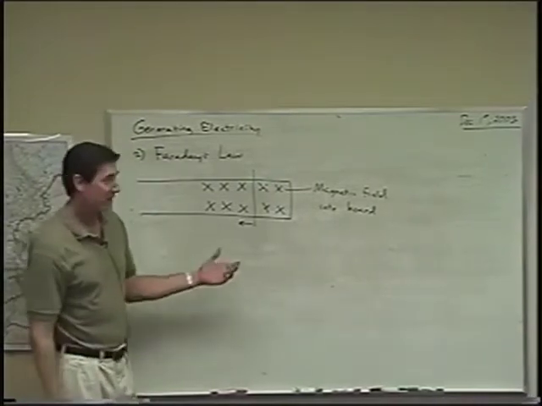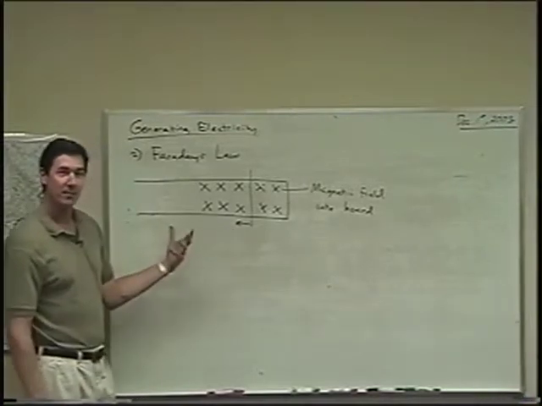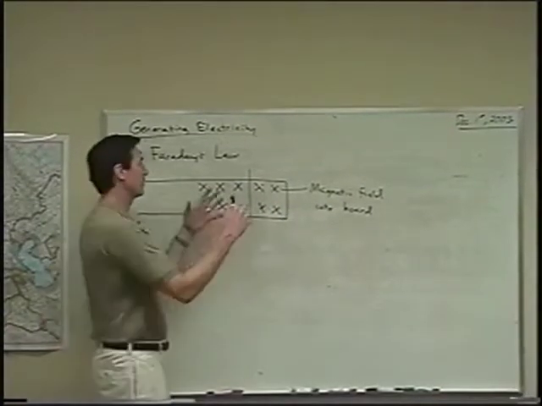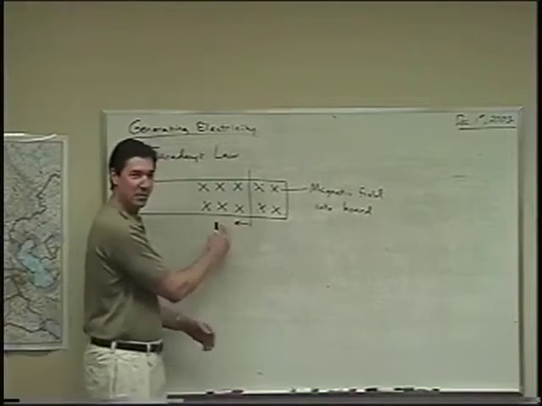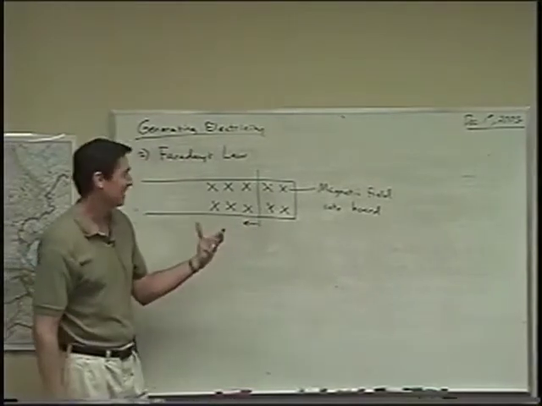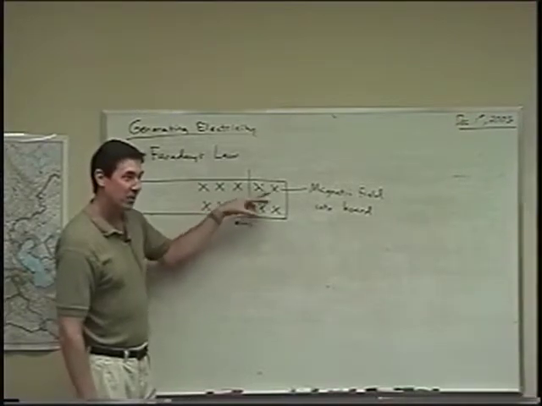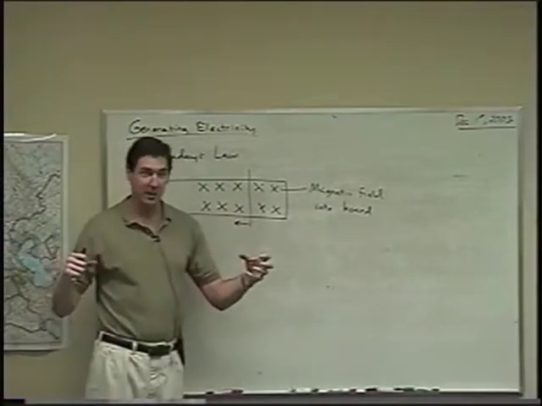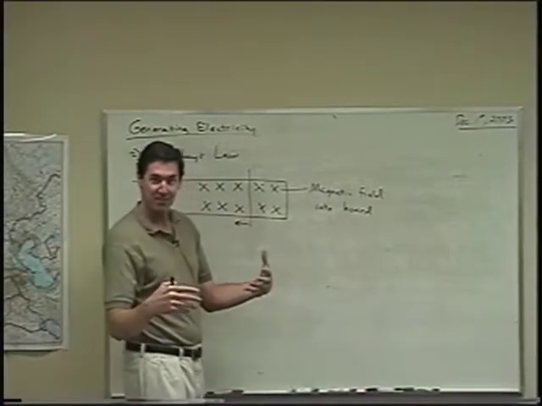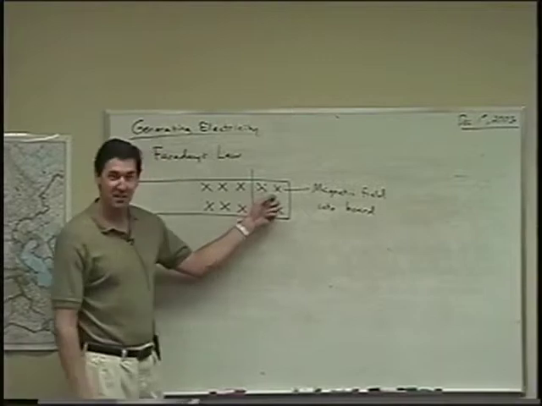Now, there's another way, it turns out. What if I move this wire? What has happened to the total amount of magnetic field through the loop if I start moving this wire? It's getting bigger, right? Not because you've changed the strength of the magnetic field anywhere inside the loop, but you've made the loop bigger just by moving the wire, and so there's more field going through the loop. Turns out that has the exact same effect as changing the strength of the field.